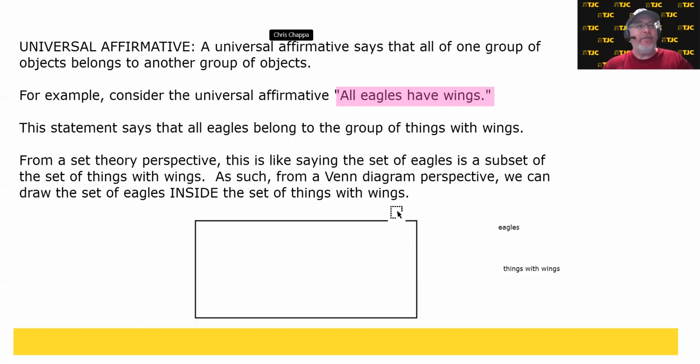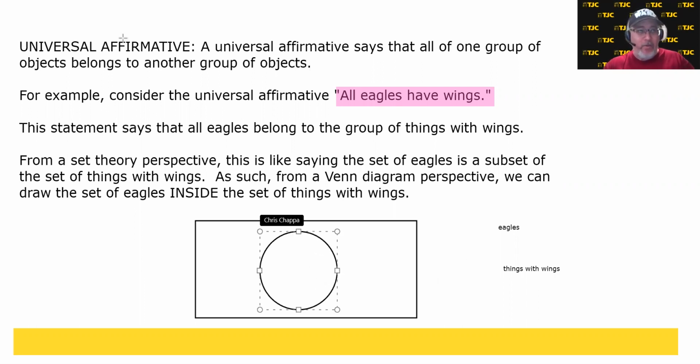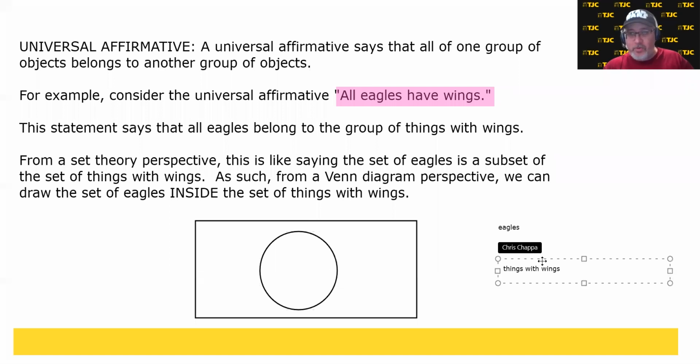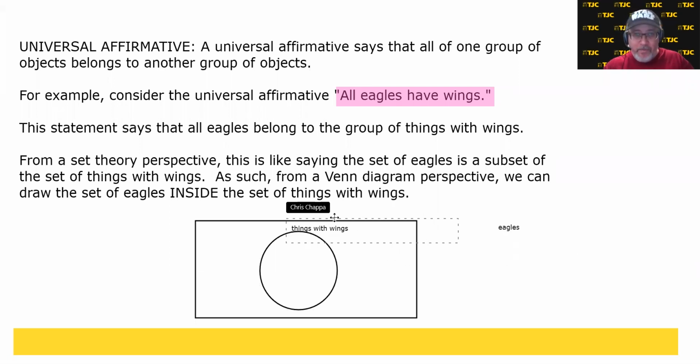Now, I don't have the Venn diagram drawn yet because I want you to witness me actually drawing this Venn diagram. It's not that hard to do. We want to show that the set of eagles is inside the set of things with wings. So let's start by drawing a big set, and that will be the set for the things with wings. So we'll put this right here.